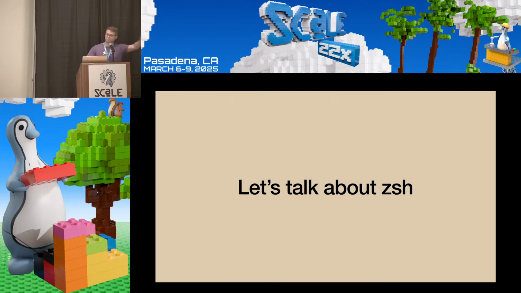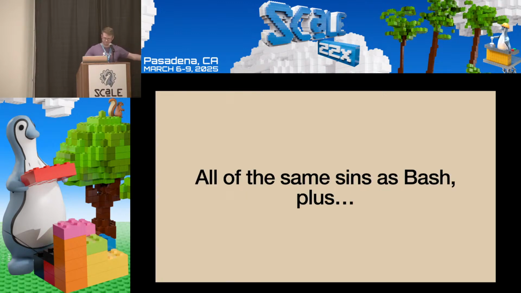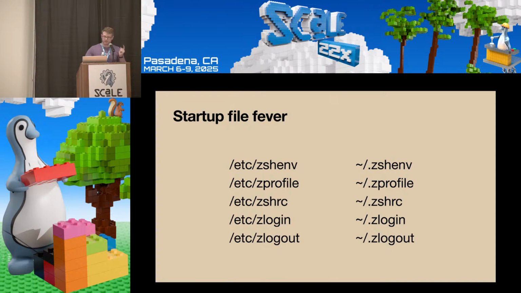So that was bash. Let's talk about Z-shell. It mostly has all the same sins as bash, with the addition of startup file fever. There's 10 different files that at different points in time it will read from before setting up your shell. Also, some of these only run or are sourced for login shells, and also some of these are only sourced for interactive shells.